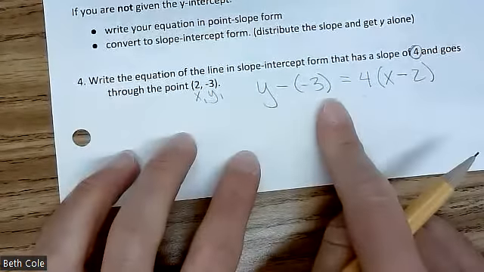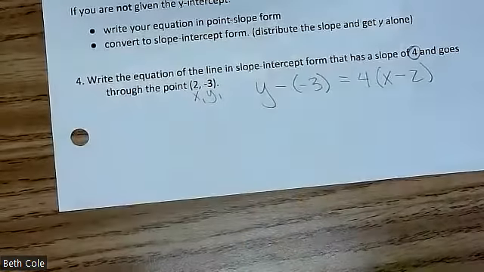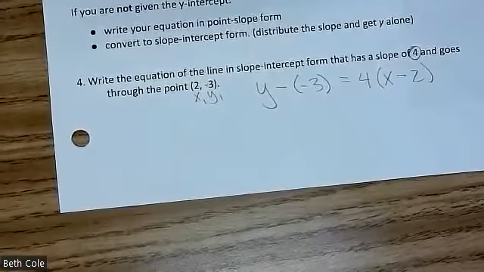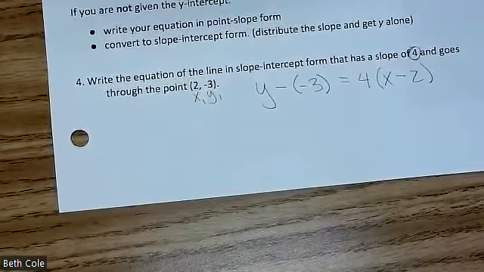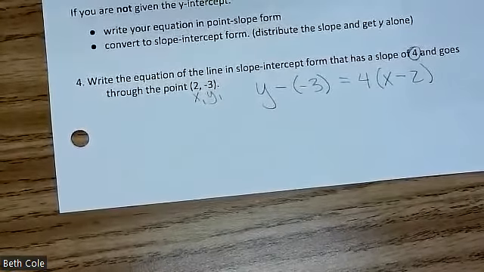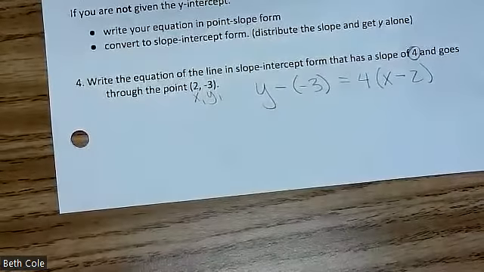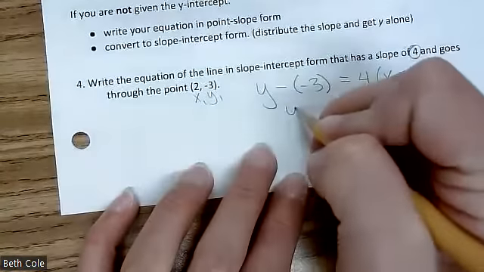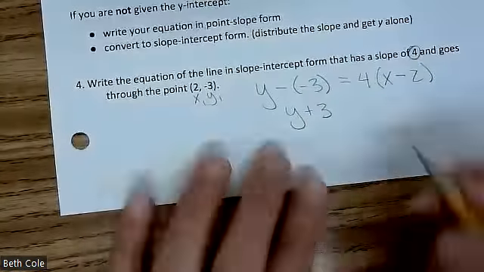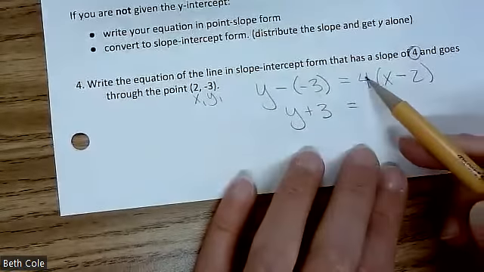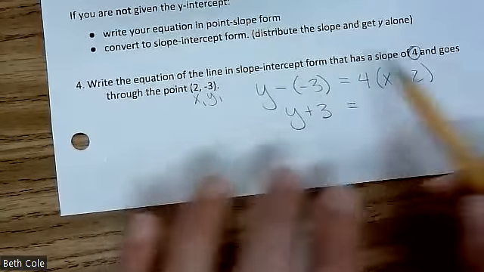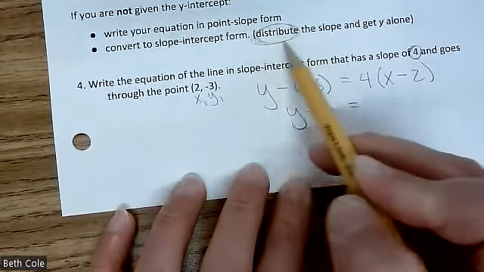Y minus y1 equals slope times x minus x1. I'm going to say that over and over. Y minus y1 equals slope times x minus x1. All right, what happens to these negatives? A double negative is going to be positive. It's going to cancel out. Y plus 3 equals, and what do we need to do with this 4? Distribute the slope.